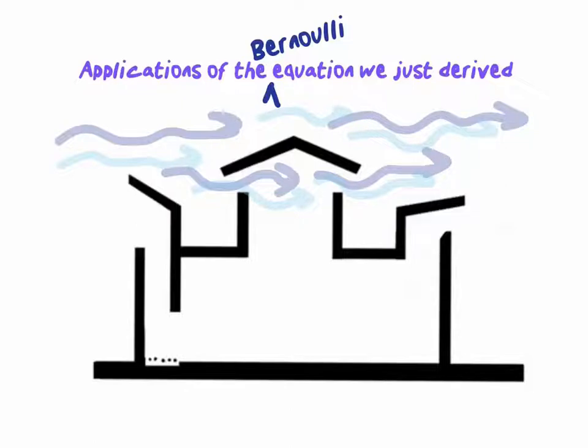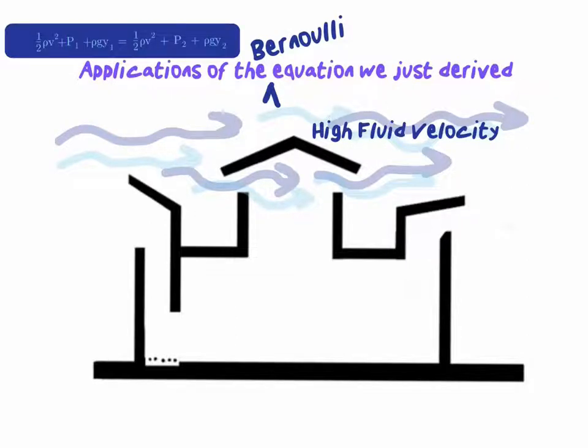Now, when huge gusts of wind blow across the top of this structure, there is a very high fluid velocity. According to the Bernoulli function, 1/2 rho v squared plus rho gy plus p, when I have a high speed in my fluid, the pressure is low.